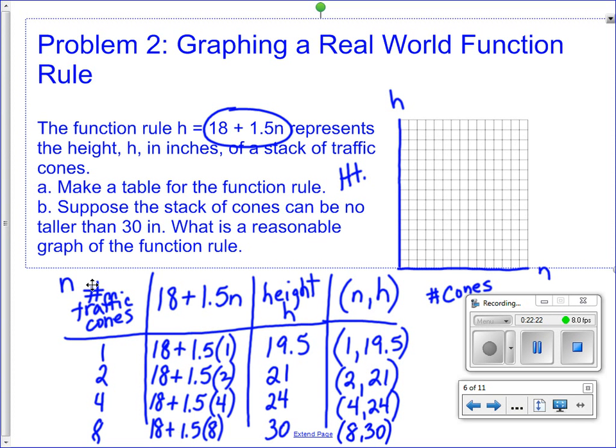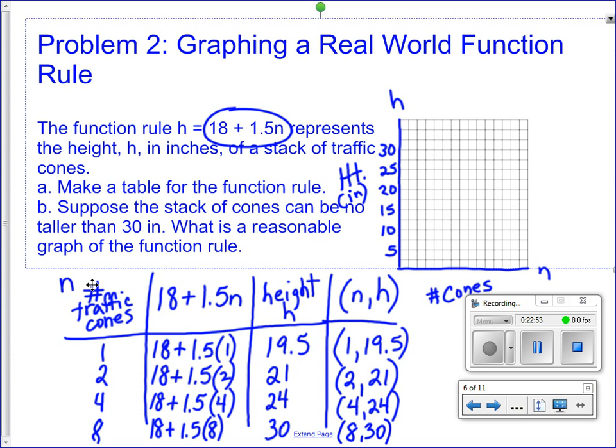And it looks like we need to go up to 30. So let's see. How about we go by 5s maybe. I'm going to skip every other line. 5, 10, 15, 20, 25, and 30. Okay? Our height is in inches, so we might want to label that.